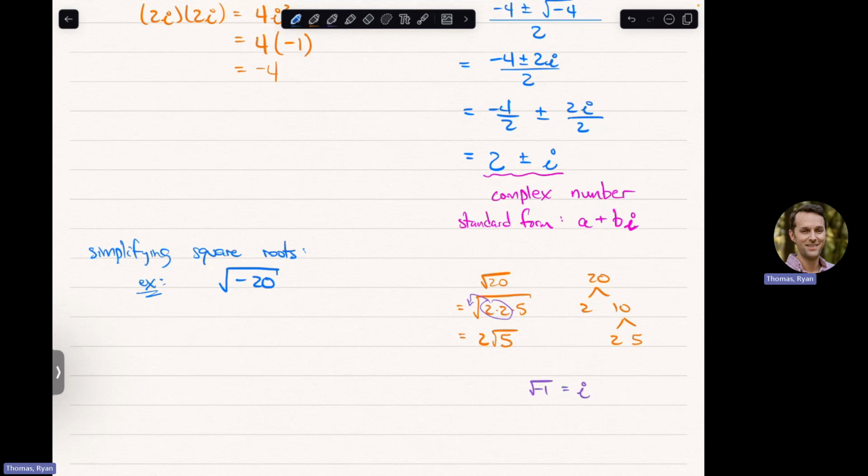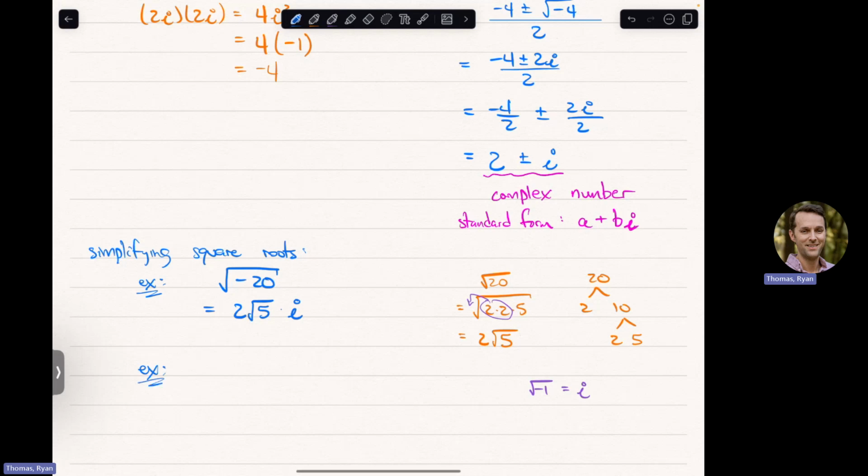So the square root of -20 then is 2 times the square root of 5 times i. So like I said, it's just kind of adding an extra layer to what we already know about simplifying a square root like that.